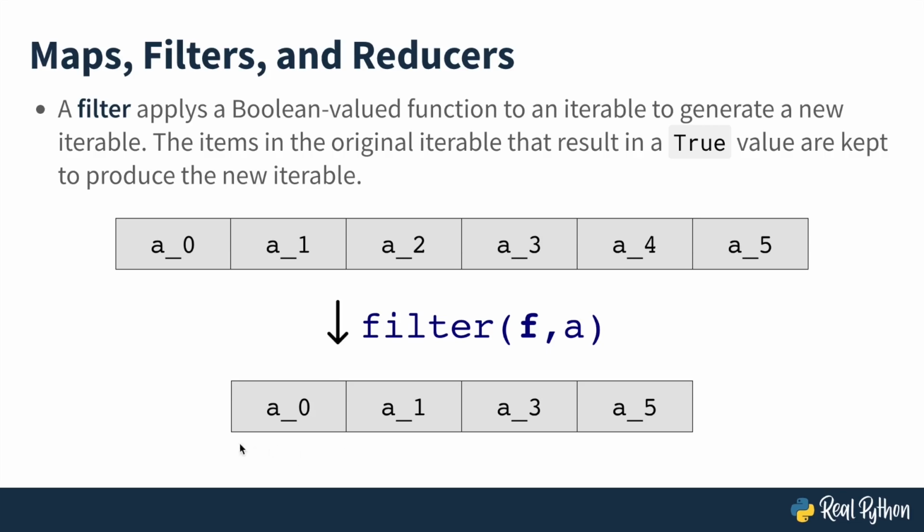So again, if we have a list of elements and we have some function f that returns either true or false, then the elements where f evaluated at each element returns true are the ones that are kept in the new smaller iterable. So in this hypothetical scenario, the values in this list, A0, A1, A3, and A5, all return a true value after being applied on by the function f. And so those are the new elements that are kept in this filtered iterable.